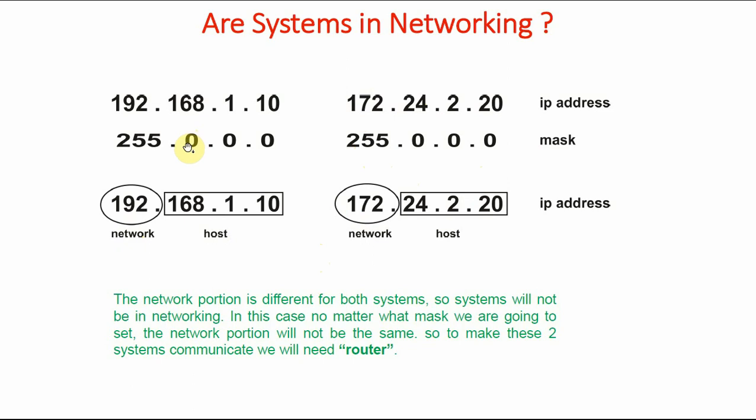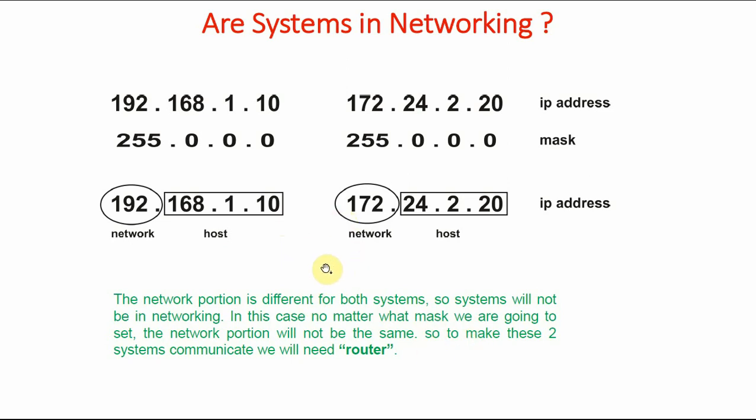Even if we change the mask to 2 times 255 or 3 times 255, still these systems are never going to be in networking. So if the networks are different and if you want these systems to come into networking, then what do we need? We need a router in between them.